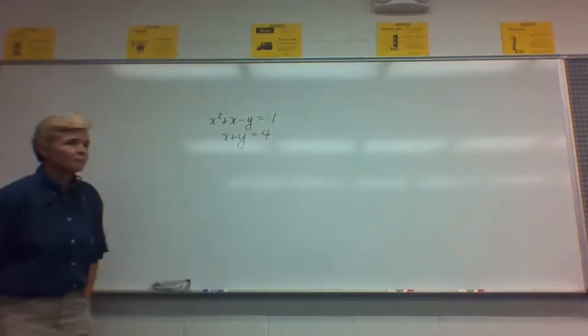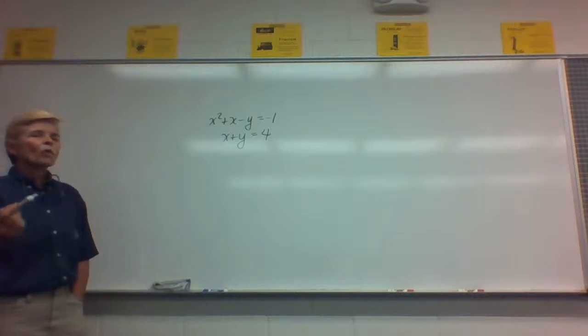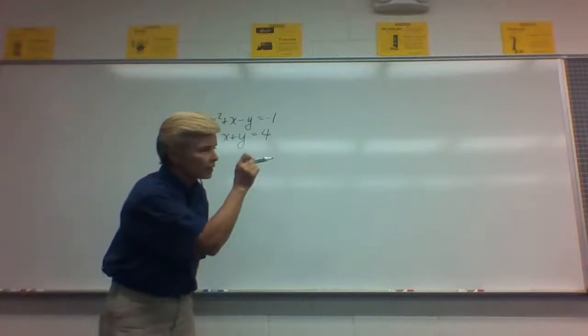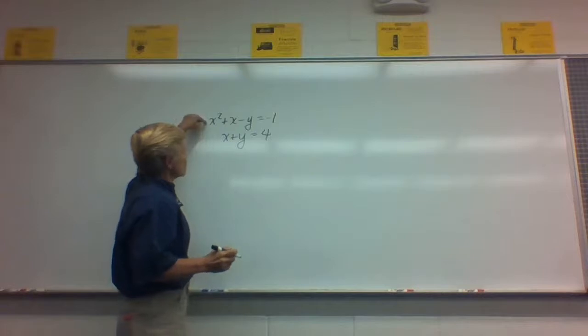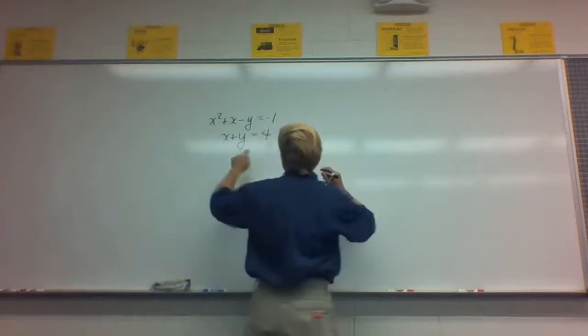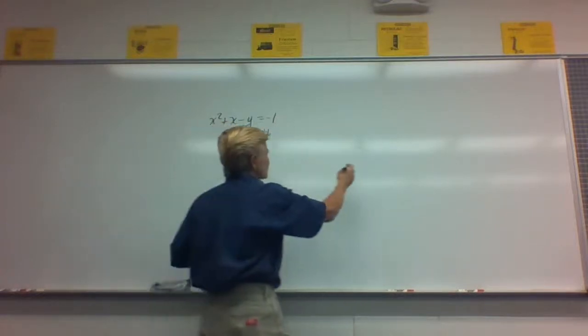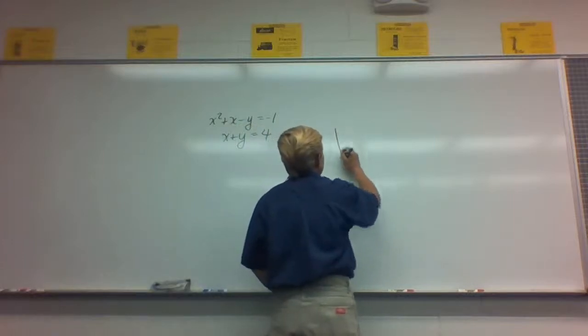This is your system. And what we're looking for, as we were with linear systems, is where are the points on this grid where this quadratic, or parabola, crosses this line. Here's your possibilities. This has a positive leading coefficient if we kick the y over, so this thing's going to open upward. These are your possibilities here.